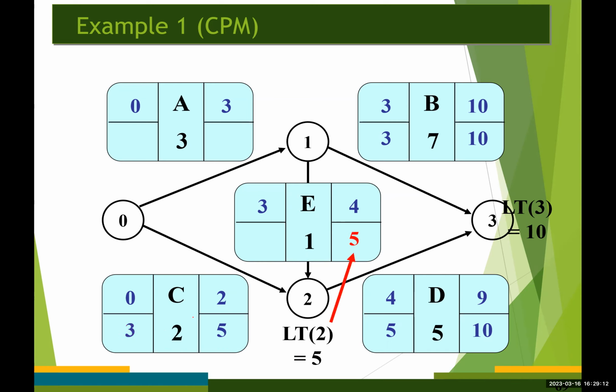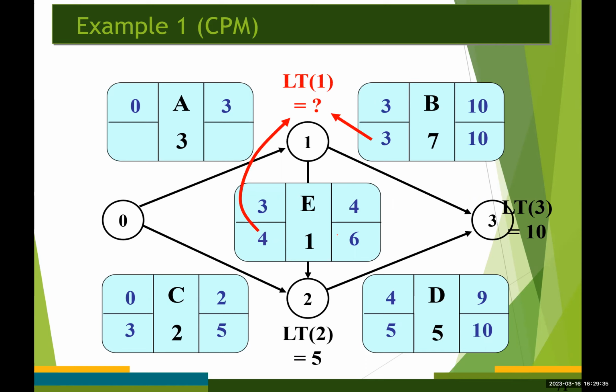And the latest finish time for activity E becomes 5, directly from here. And the latest start time for activity E is going to be 4, which is 5 minus 1.